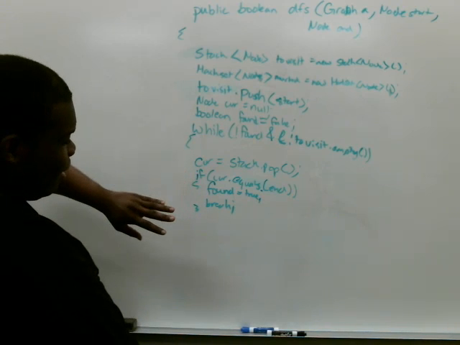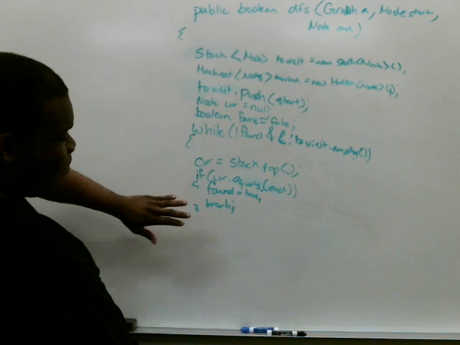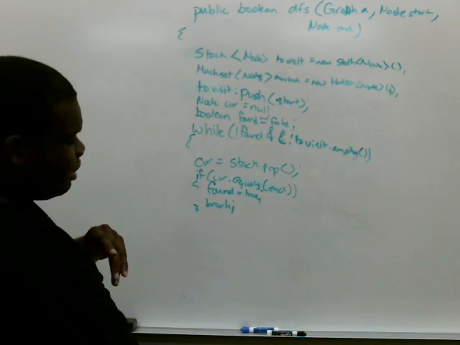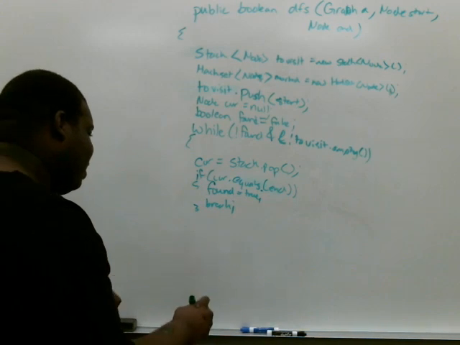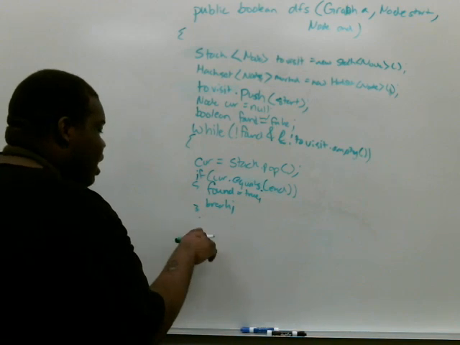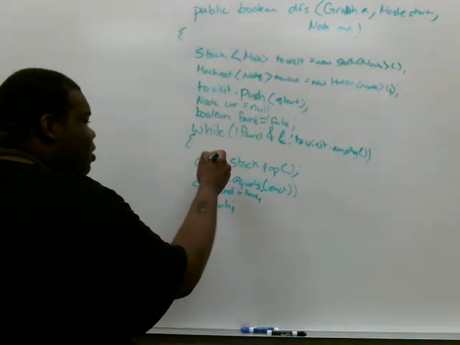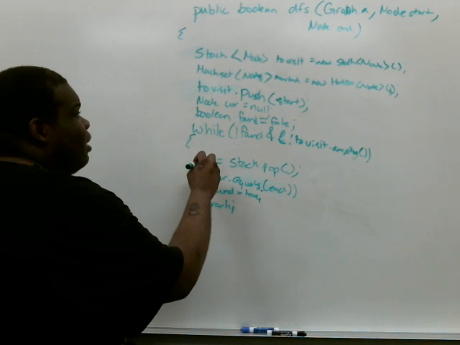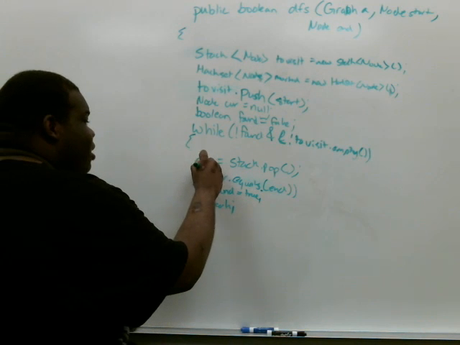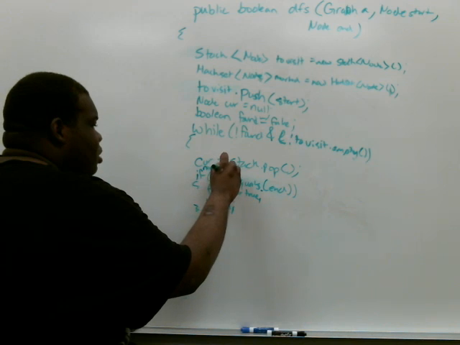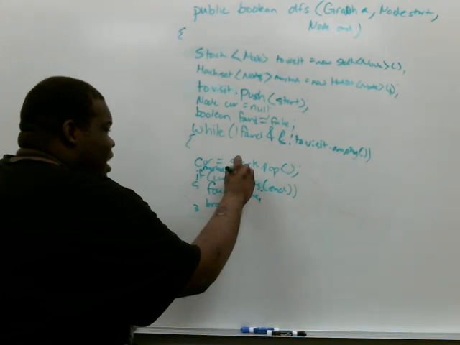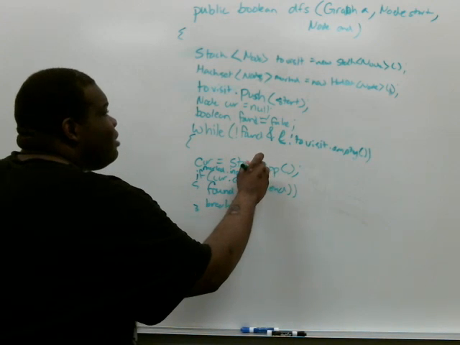Okay. So if we don't go here, that means that we haven't found it yet. So now what we can do is, and also right here we need to mark it as visited. So we would say marked, and hash set has a method called insert.